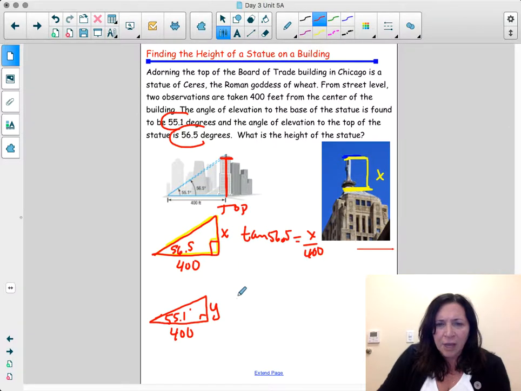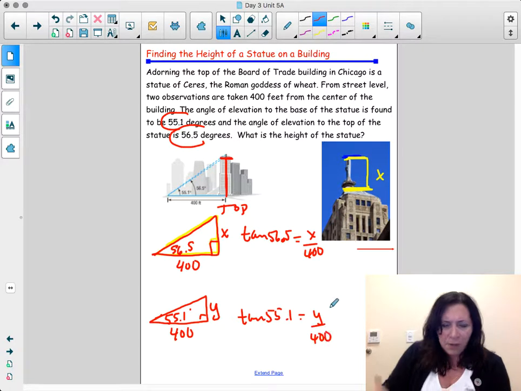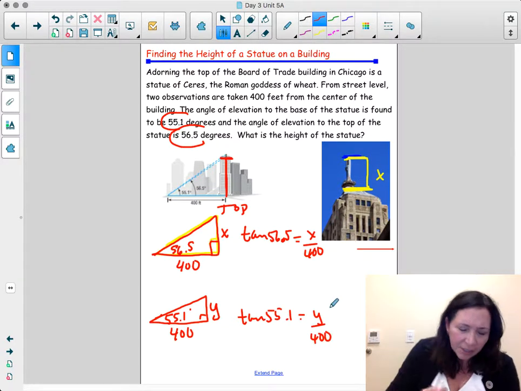And the other equation is going to be tangent of 55.1 is equal to Y over 400. So let's see here, I'm going to go tangent of 56.5 times 400.